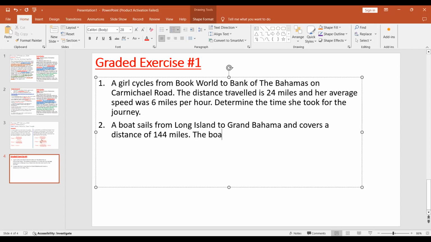The boat's average speed was 9 miles per hour.